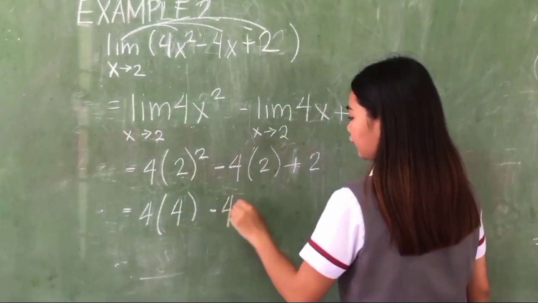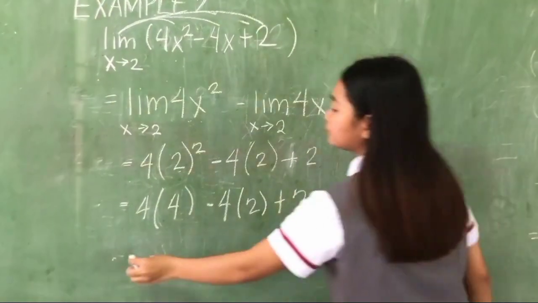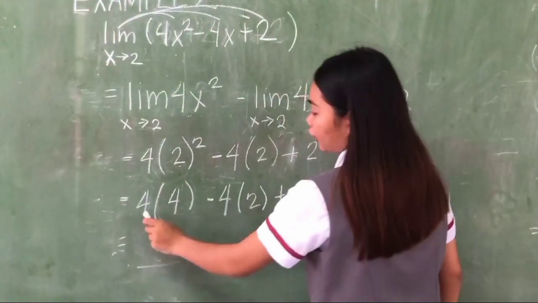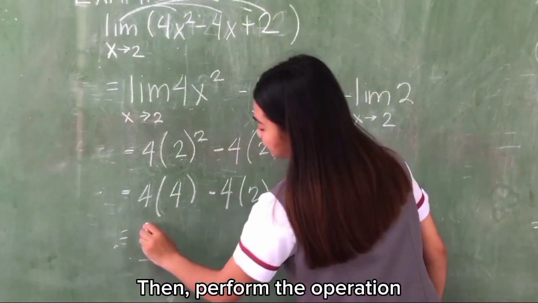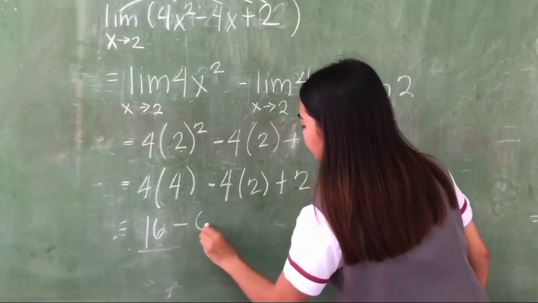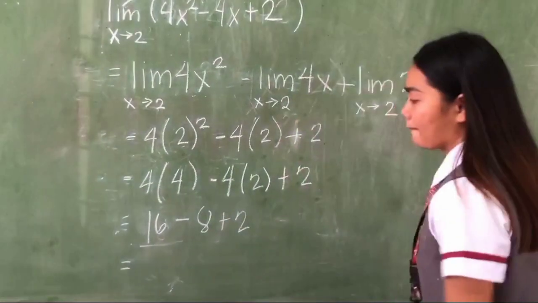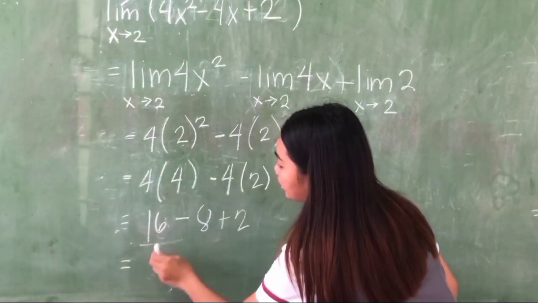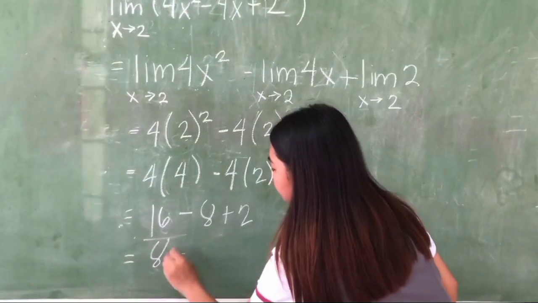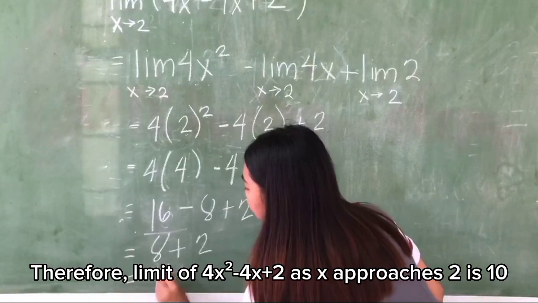Minus 4 multiply 2 plus 2. 4 times 4, 16. Minus 4 times 2 is 8 plus 2. 16 minus 8, 8 plus 2 equals 10.